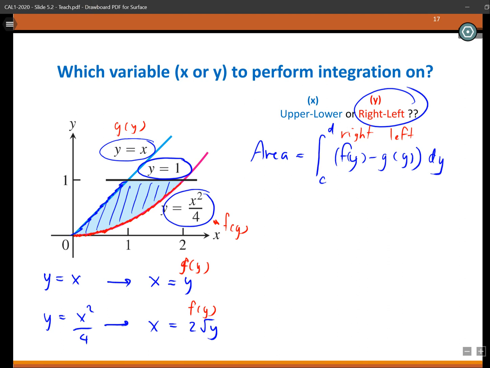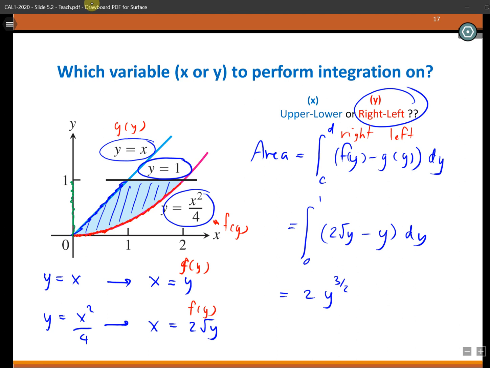Now I go back to the formula. I need to integrate this fy, which is 2 square root of y, minus gy equal to y with respect to y. What about the range? I look at this. Range of y spans from 0 to 1. So put 0 and 1 right here. So this becomes 2y to the power of 3 over 2.